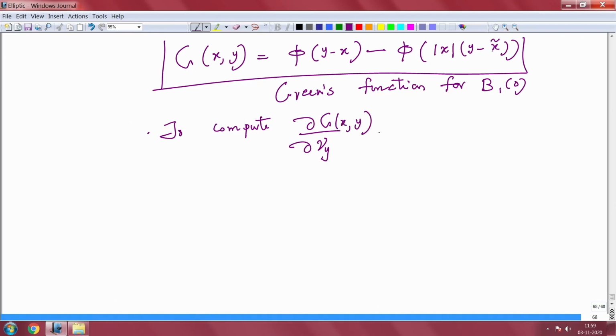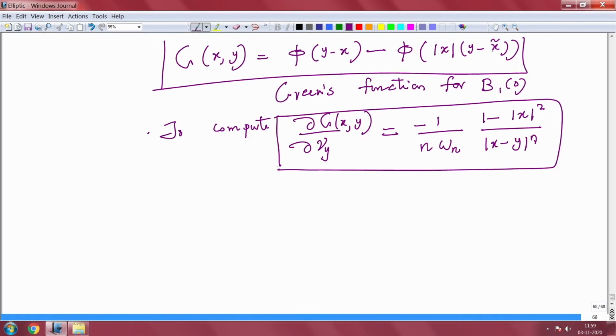I leave that as an exercise for you. You get 1 by n omega n times 1 minus mod x square by mod x minus y power n. You compute this and then you get your representation formula.